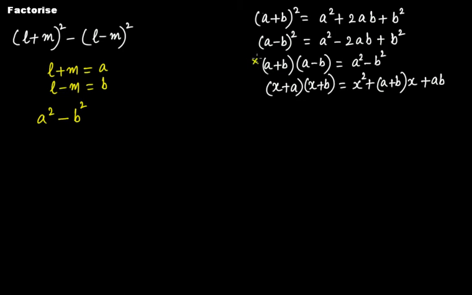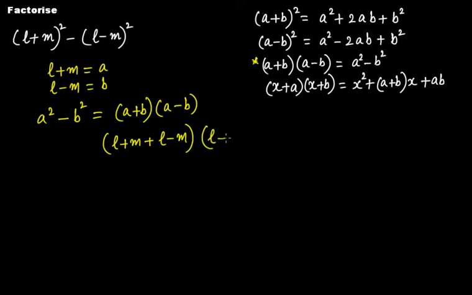That is this identity. Therefore this is equal to (A plus B) multiplied by (A minus B). What's A? A is L plus m, then plus. What's B? B is L minus m. What's A? A is L plus m, minus. What's B? B is L minus m.